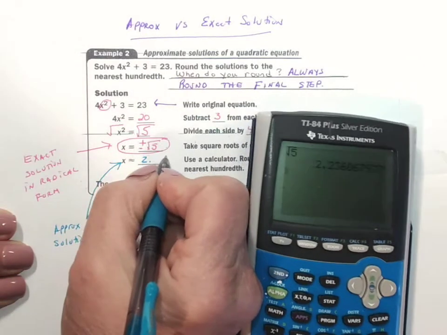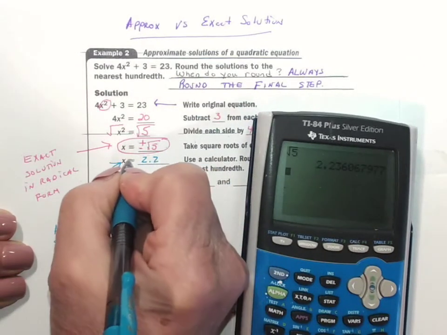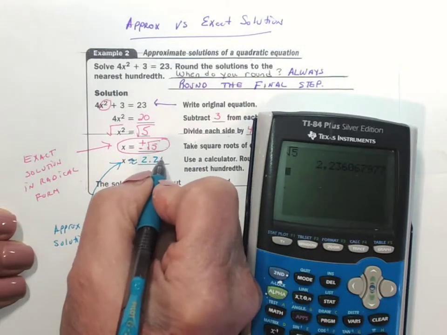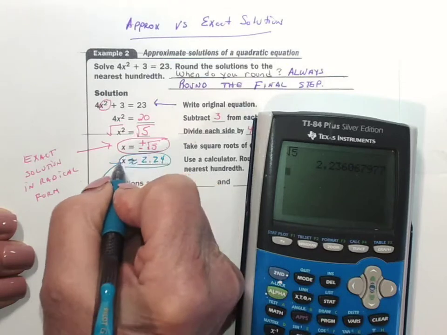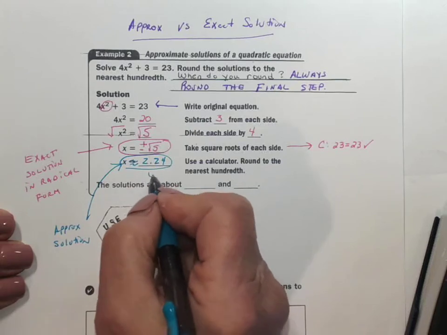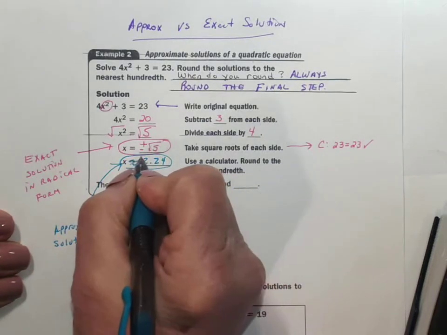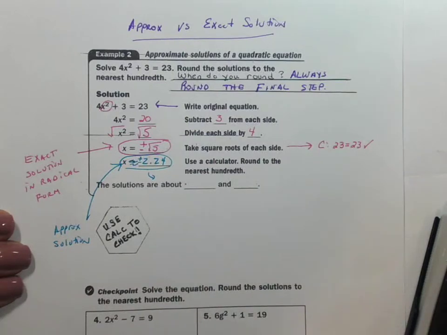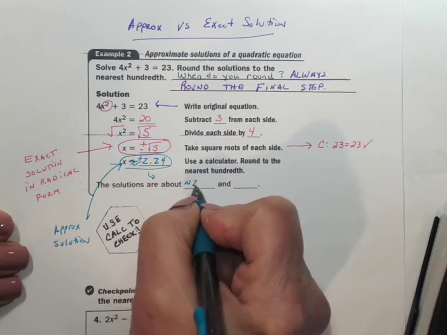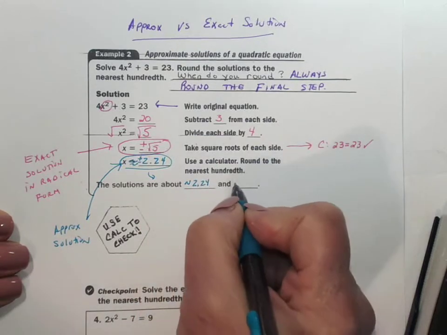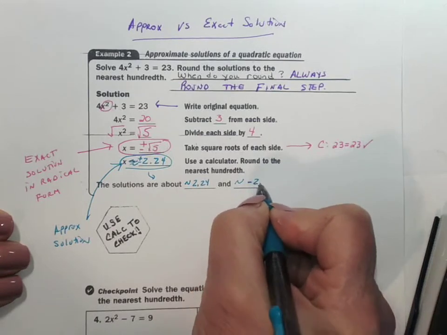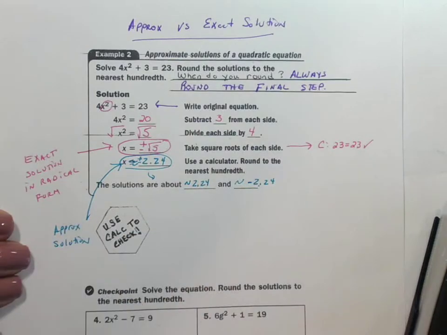Since I'm rounding to 2 decimals, it's approximately equal to 2.24. So these solutions are plus or minus. Here we have approximately 2.24 and approximately negative 2.24.